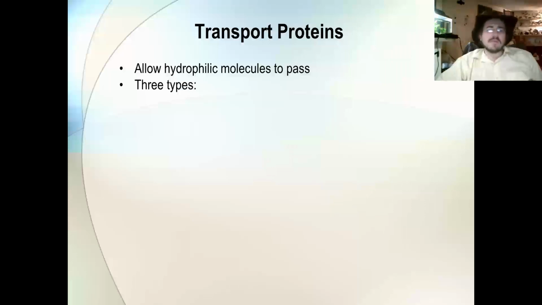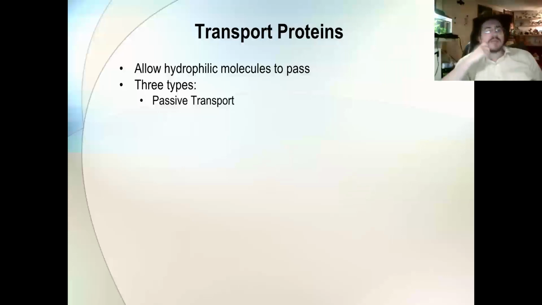There are three types of transport. So, passive transport involves a type of protein called a channel protein. Now, passive transport can also describe the movement of particles small enough to directly cross the membrane.